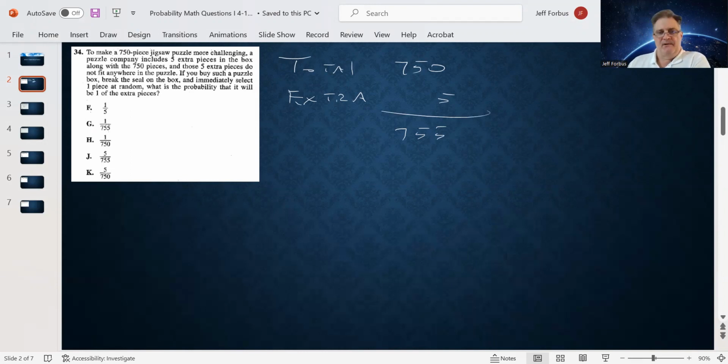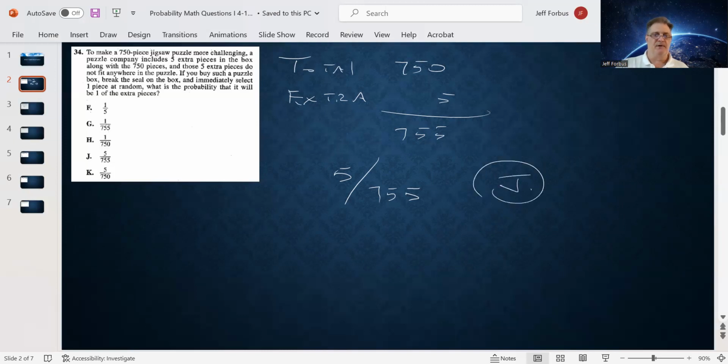Now, what's the probability that you will actually pull one of those extra pieces out of 755 total pieces? So there's 5 of them. So you're going to have 5 chances out of 755 to actually pull one of those pieces out. And that's going to be answer choice J.